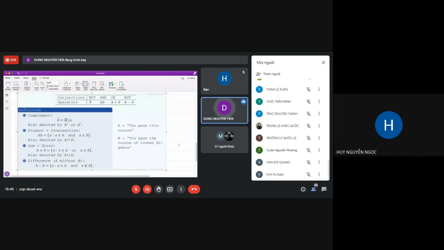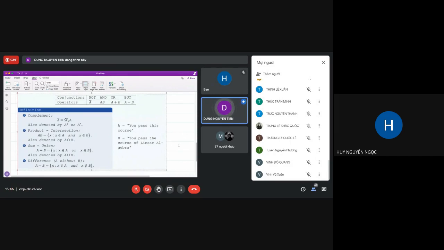You use the product AB to denote A and B, and A plus B to denote A or B, A minus B to denote A but B. And from the point of view of set theory, you can consider A and B as the intersection of two subsets A and B. A plus B is the union of two subsets A and B. A minus B is the difference, A without B, of the two subsets A and B.